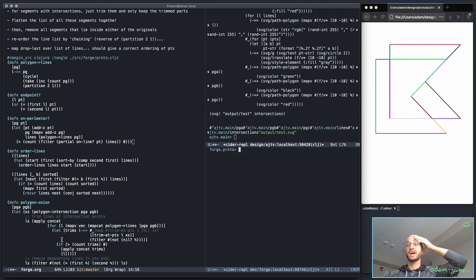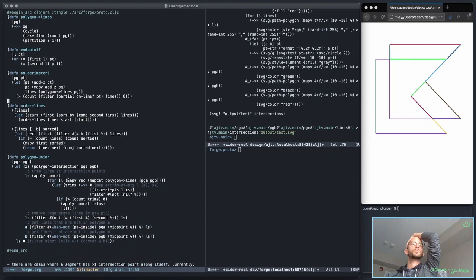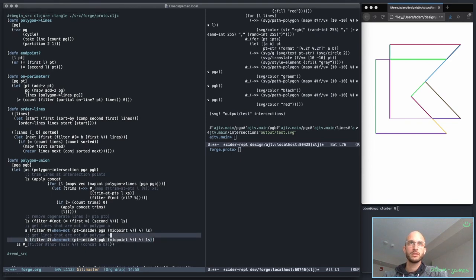Okay, good for now. So what I now need is this new predicate here to be some, yeah, so get lines with midpoints on both perimeters.